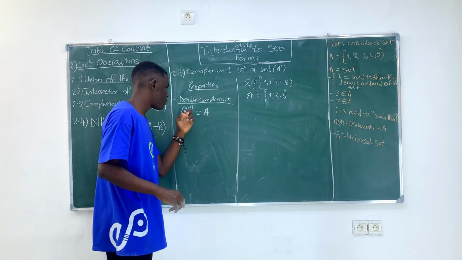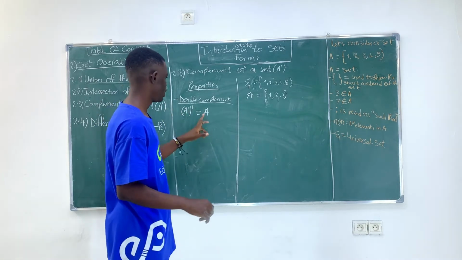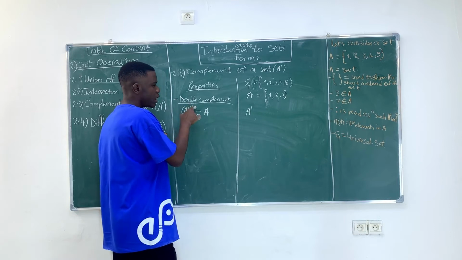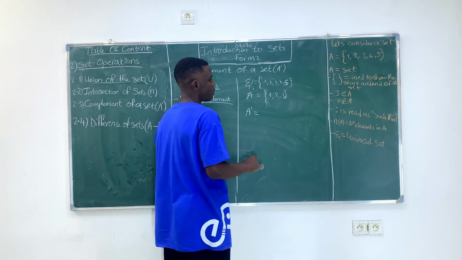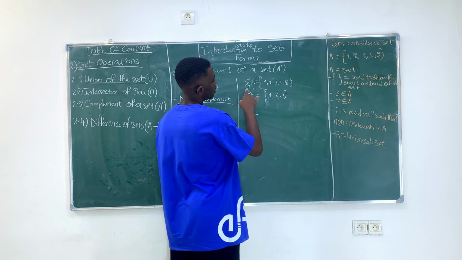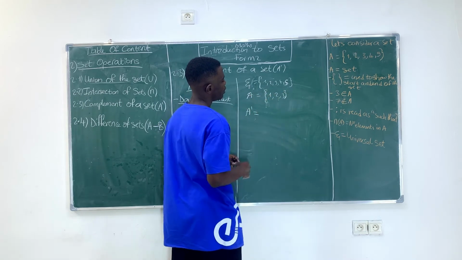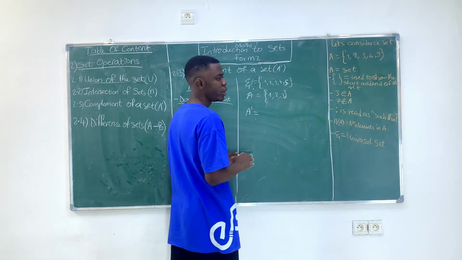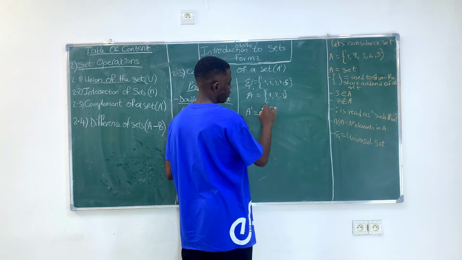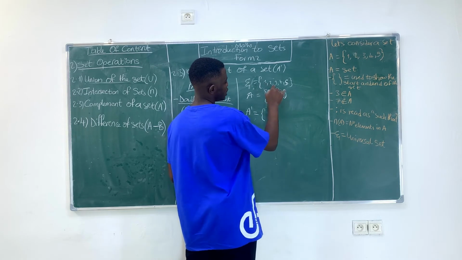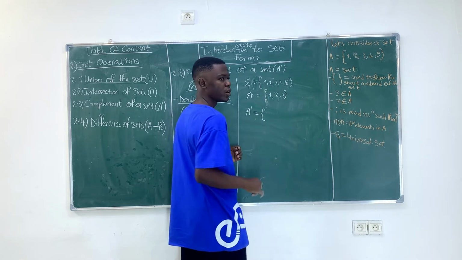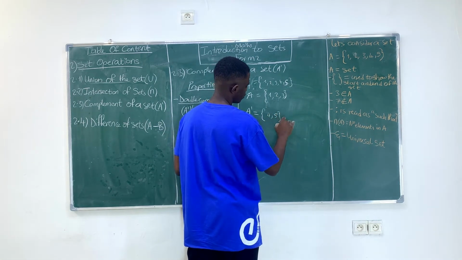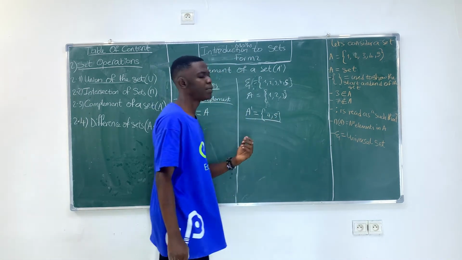So let's find A prime prime and see if it is the same as A. What is A prime? A prime is all of the values that are here that are not here. So it is Zeta minus this A. 1 is here and here, so you don't write it. 2 is here and here, so you don't write it. 3 is here and here, so you don't write it. You have 4 and 5. That is our A prime.